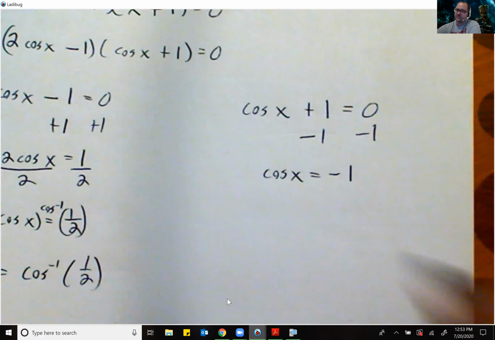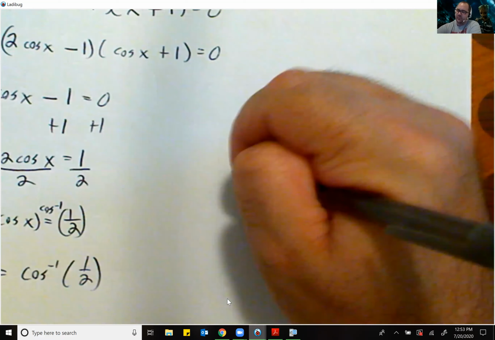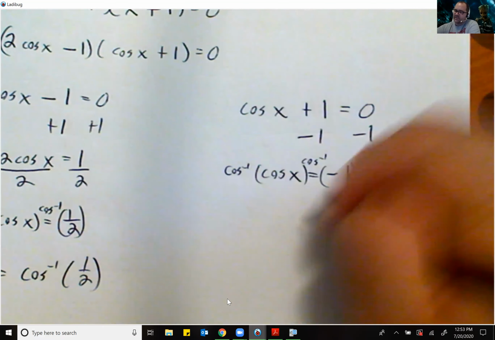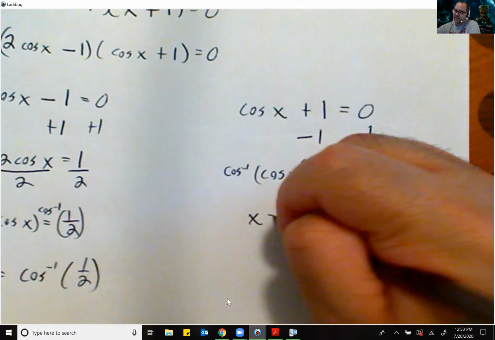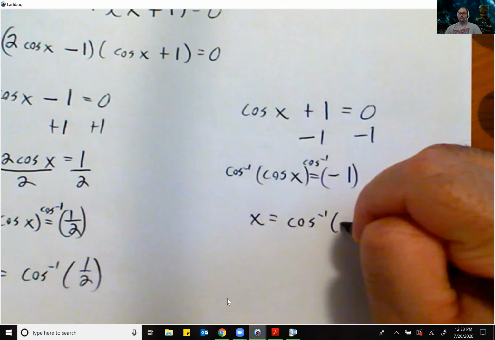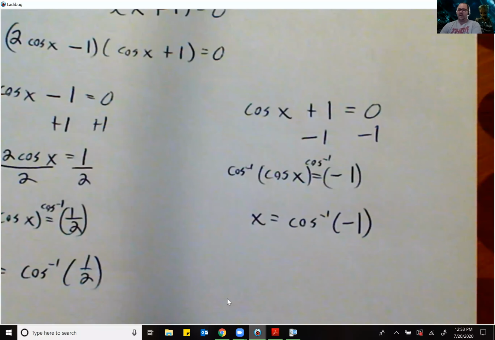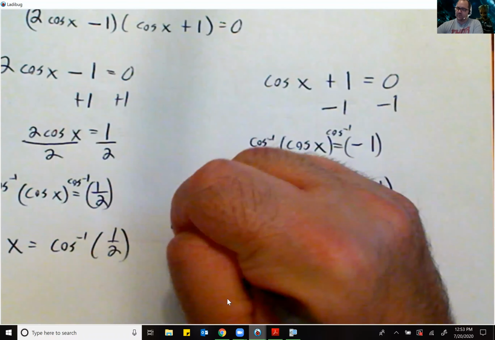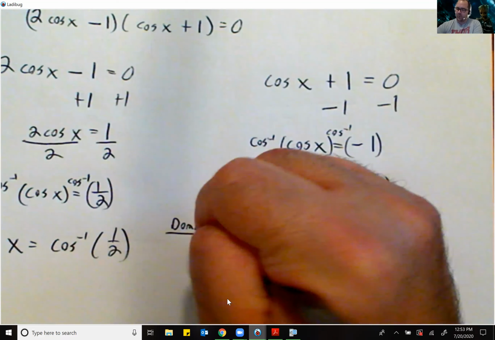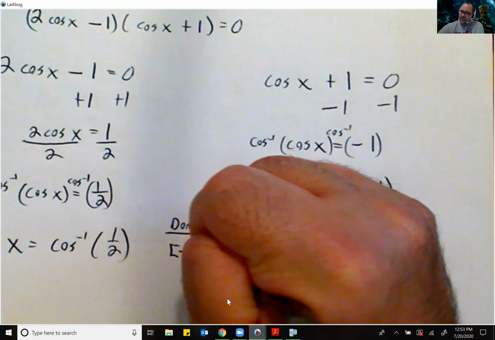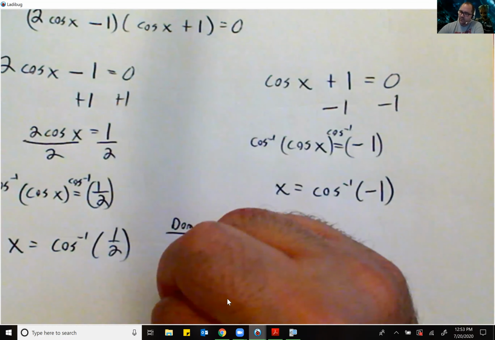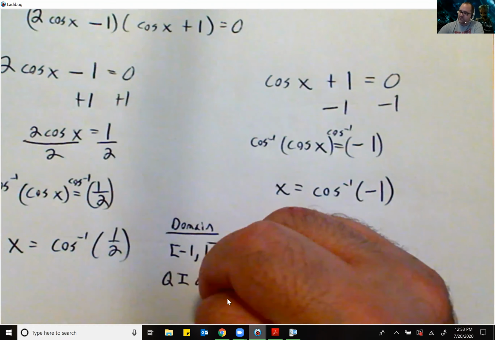Take the inverse, just like what we did on the other one. And x is equal to whenever cosine inverse is -1. And again, we could talk about the domain. Domain is easy, just like the domains we dealt with before, -1 to 1. Remember that the answer to this, if we use our calculator, will fall in quadrant 1 or quadrant 2.